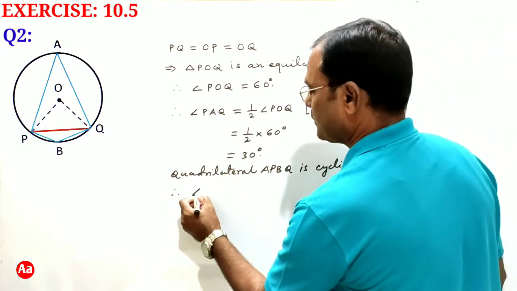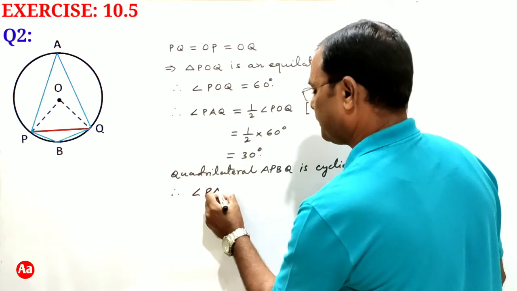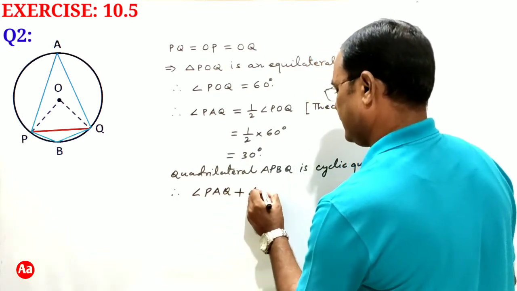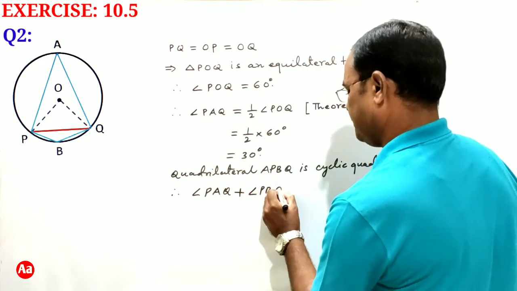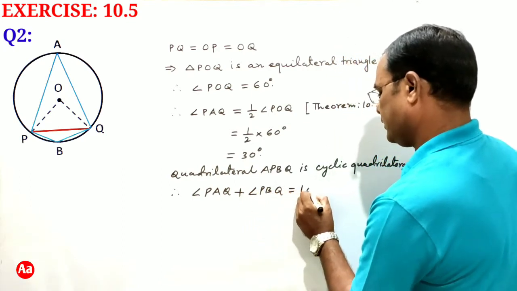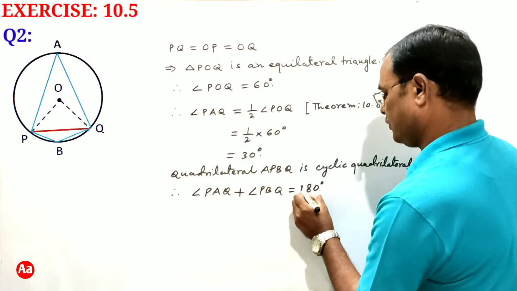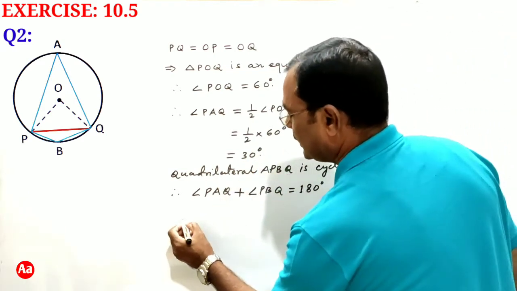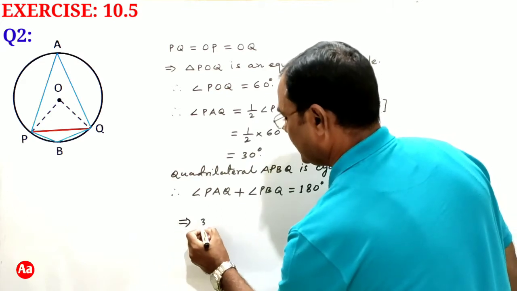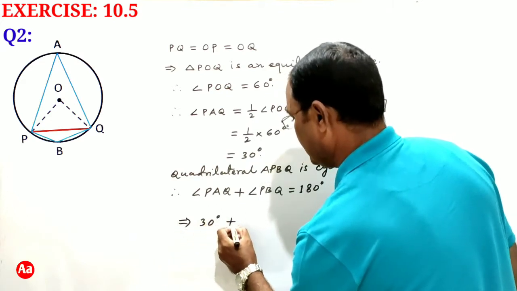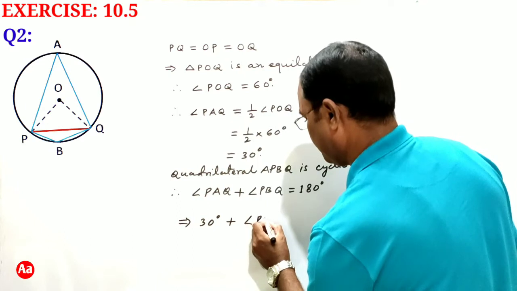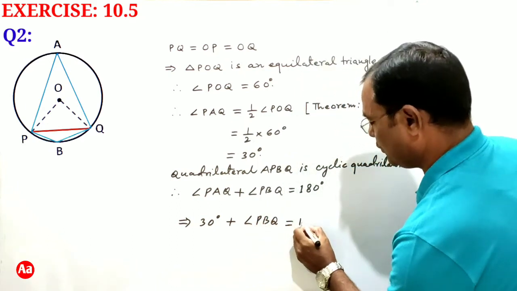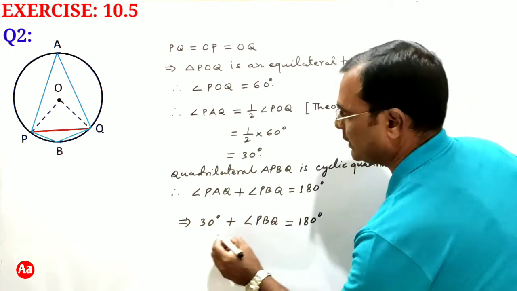Therefore, angle PAQ plus angle PBQ is equal to 180 degrees. PAQ we have already determined to be 30 degrees. So 30 degrees plus angle PBQ is equal to 180 degrees.